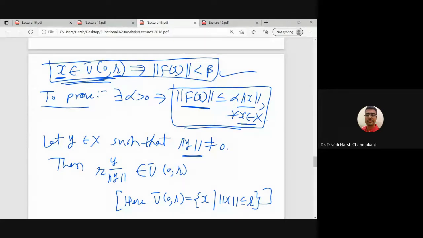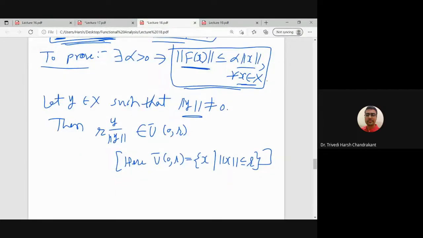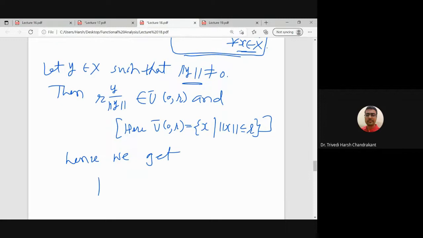So whenever we have an element of U-bar(0, r), when we apply f on that element, its norm will be less than beta. So we apply f on this element, and the norm of that is less than beta.